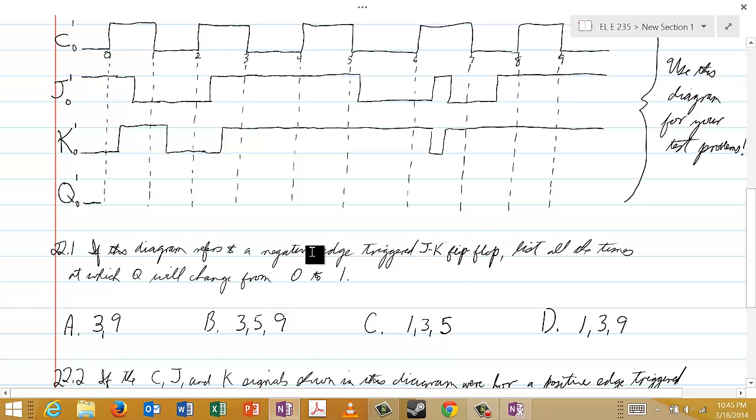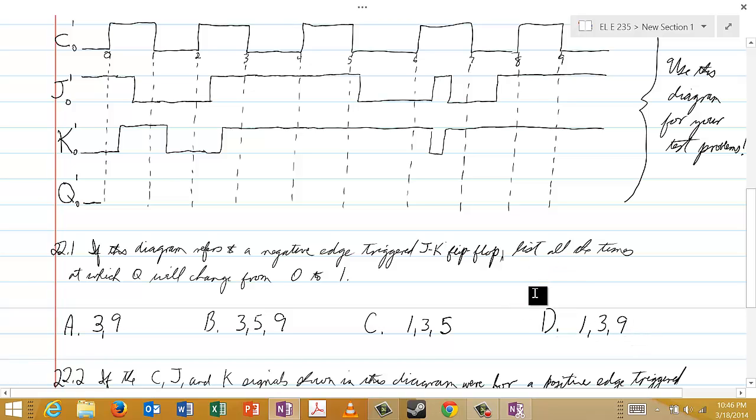So it says if this diagram refers to a negative edge triggered JK flip-flop, list all the times at which Q will change from 0 to 1. And the choices are 3 and 9 for A, 3, 5, and 9 for B, 1, 3, and 5 for C, or 1, 3, and 9 for D.